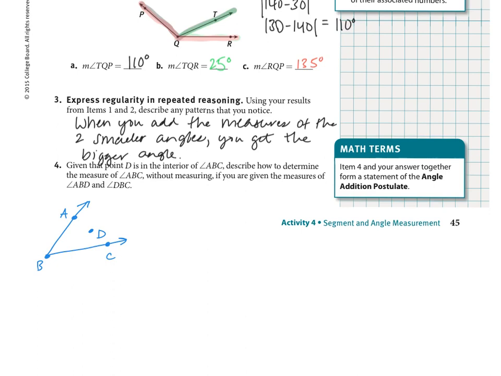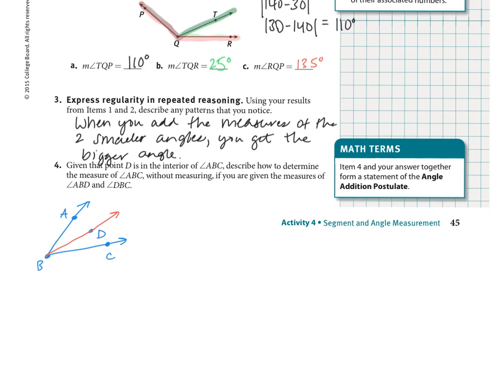It says, describe how to determine the measure of this whole angle, angle ABC, if we know the measures of angle ABD and we also know DBC. This makes sense now, all right?